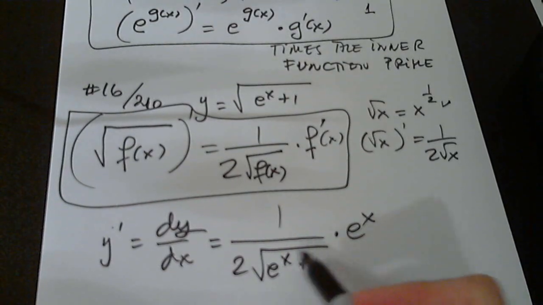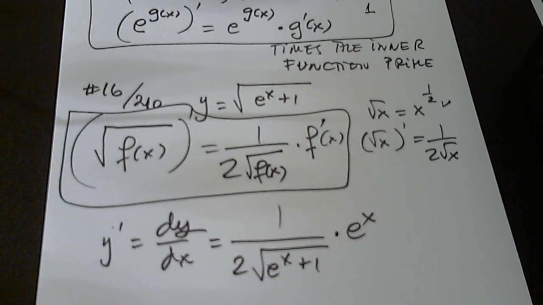When we differentiate the inner function, we get e to the x. It's very simple. The derivative of e to the x is e to the x, and the derivative of 1 is 0. Good. Any questions on this problem, please? Is this okay? Yes. Perfect. Good. Tell me if we need more.